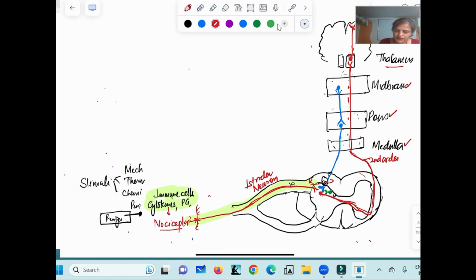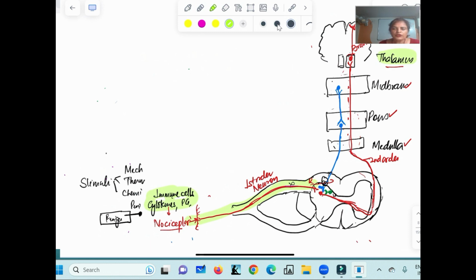In the thalamus. Now यहाँ पे रिले होने के बाद, now from here the third order neuron will start, and it will be relayed where? In the cortex. Right? So this is the pain transmission pathway.